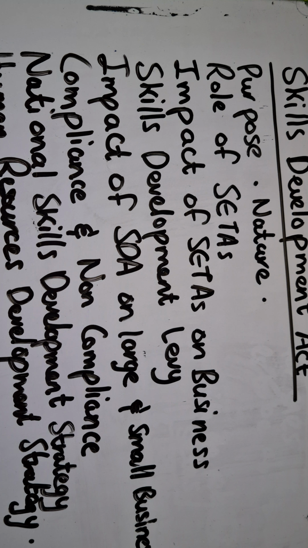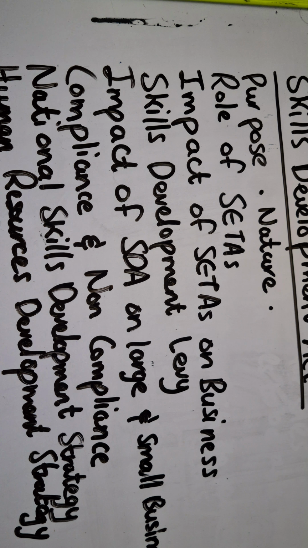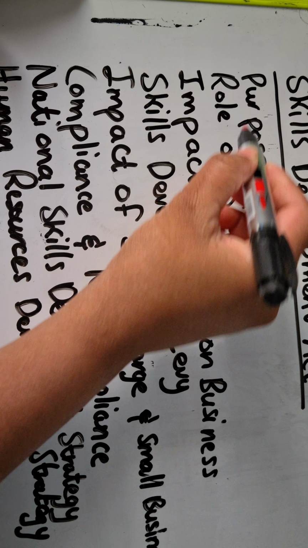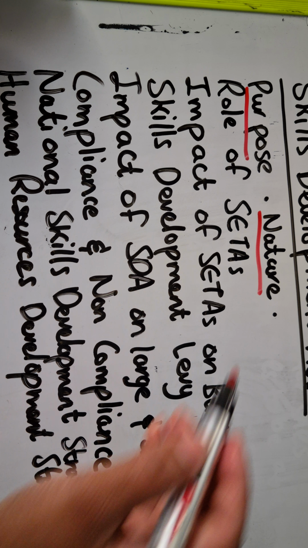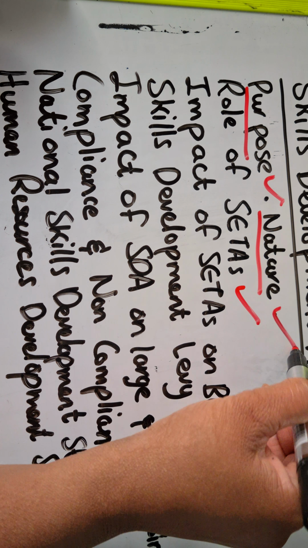So first of all, it's been a while, so I just want to go back to the Skills Development Act and tell you the different topics that we will be learning under it, the things you need to know. So far, we've covered the purpose and the nature in the previous parts of the business studies lessons. We've covered the roles of SETAs.